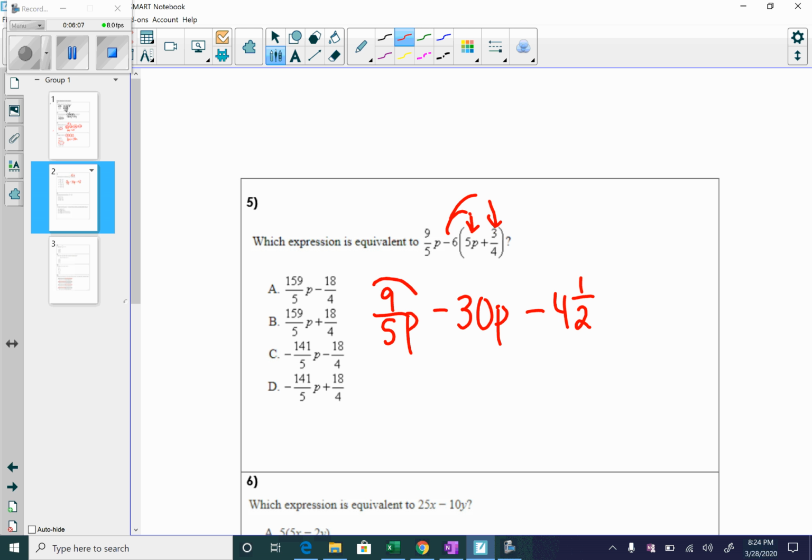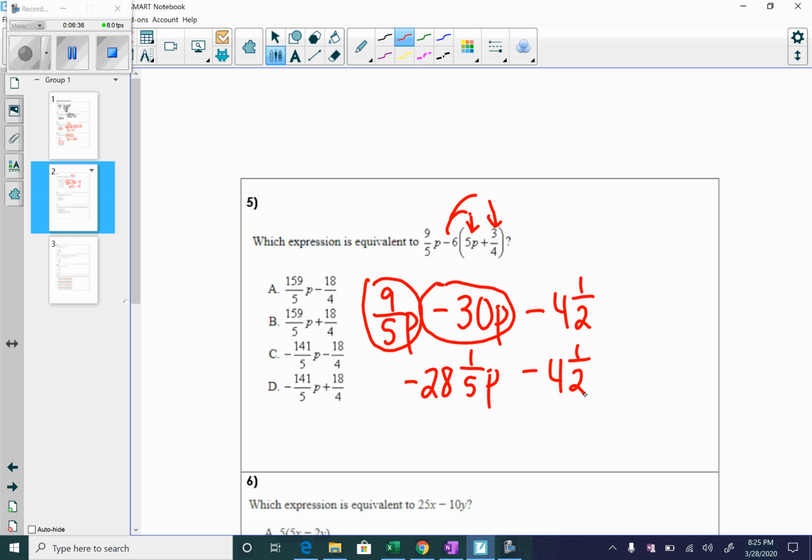Now I'm going to combine my like terms. So into my calculator, I'm typing in 9/5 plus -30. And that's going to give me -28 and 1/5 p minus 4.5. Now, none of the choices look like what we got as our answer. Everything is in improper fraction form.